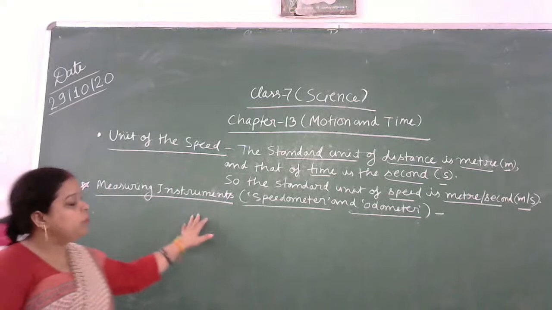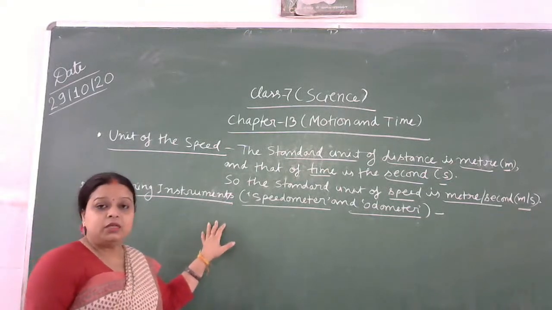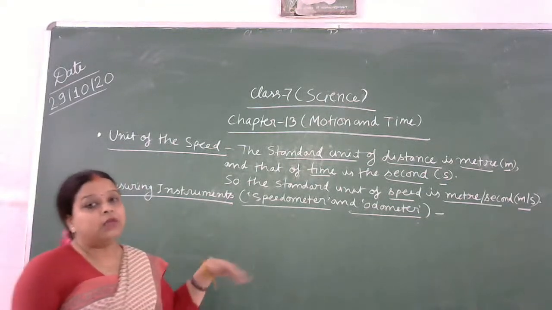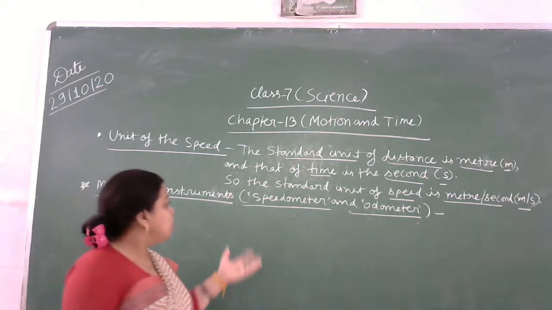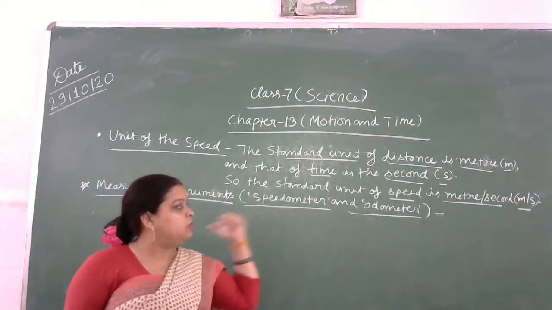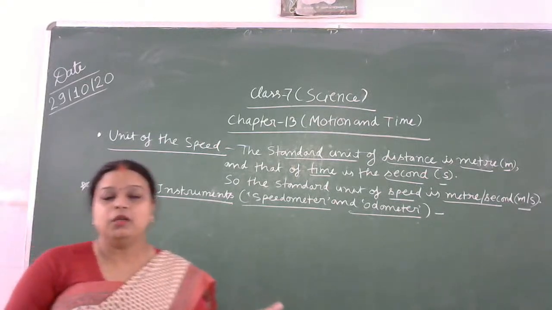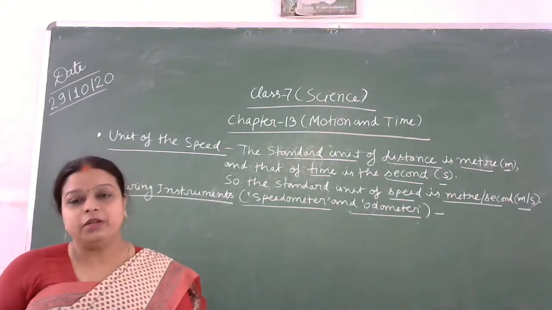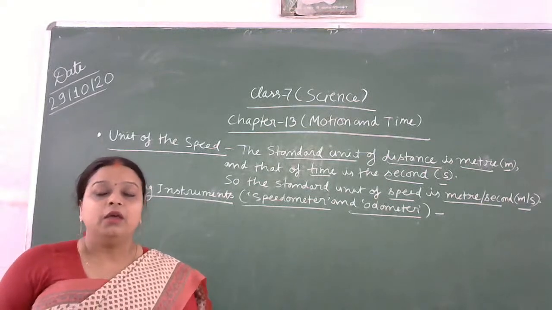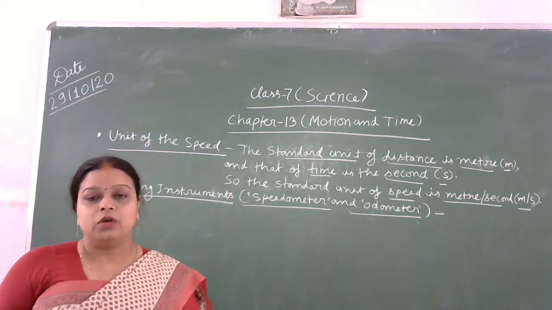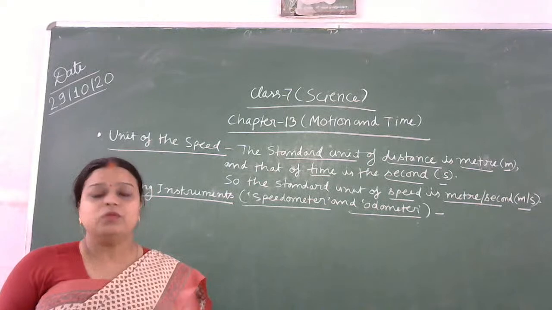Measuring instruments for speed in a vehicle are speedometer and odometer. We see these instruments in vehicles such as motorcycle, car, and all of them.